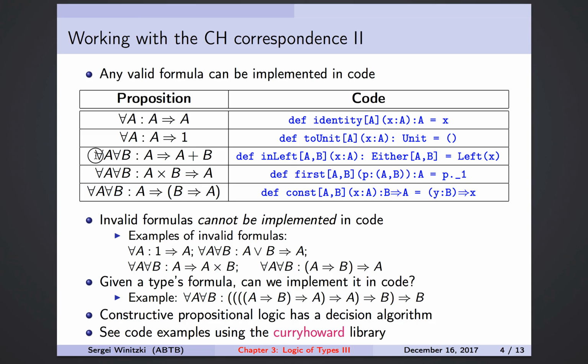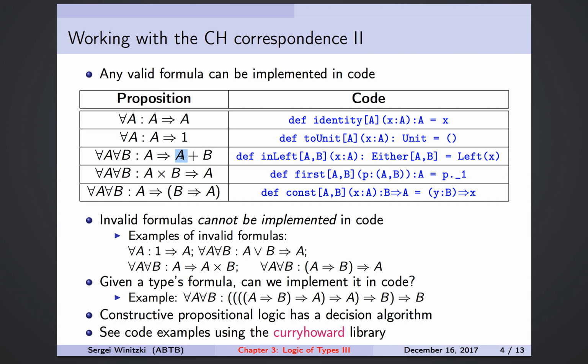Let's just look at the next example, a slightly more complicated example. For all A and for all B, if A is given, then A or B can be proved. So if a proof of A is given, you can prove A or B. How do you do that?